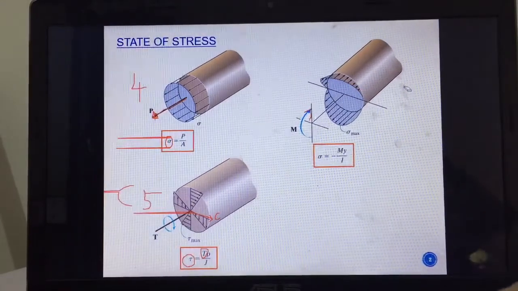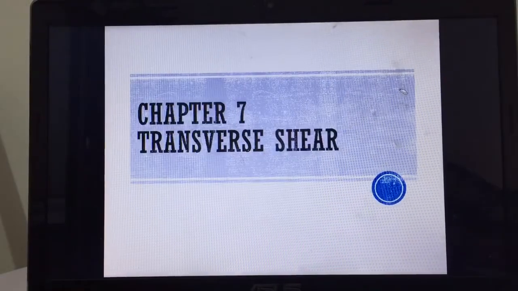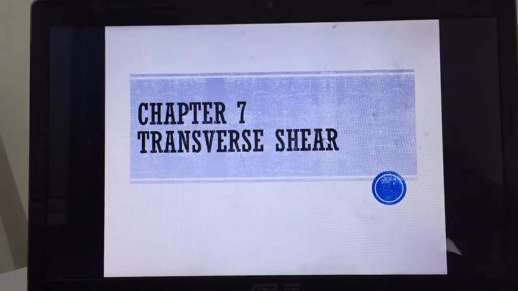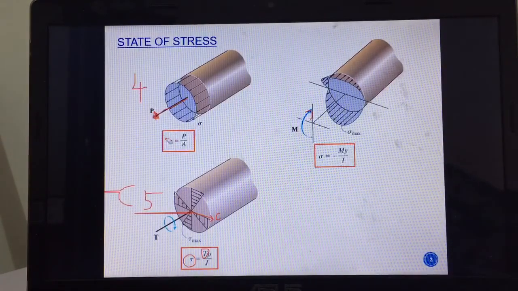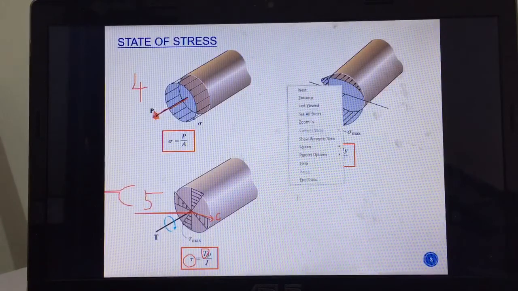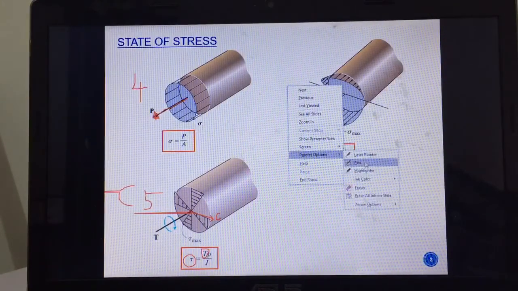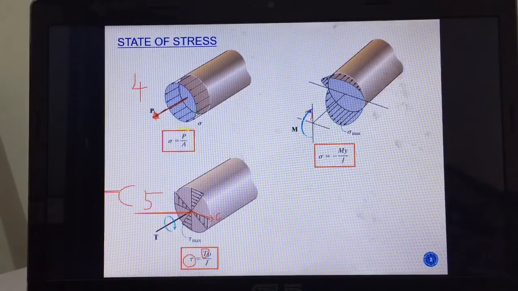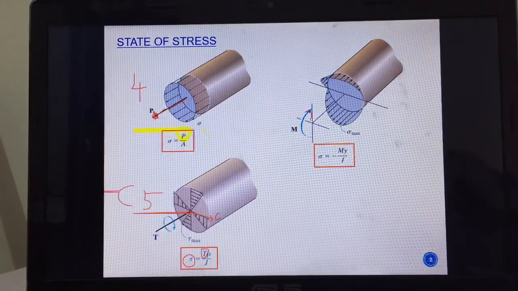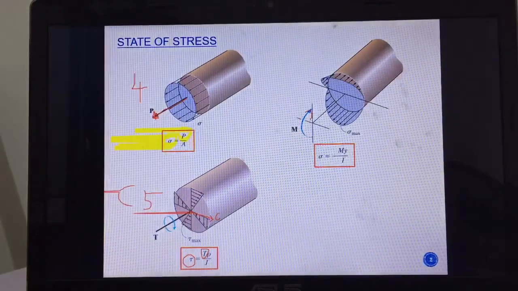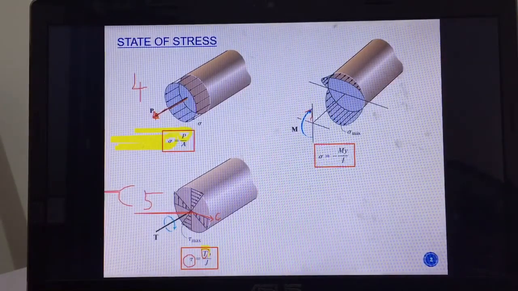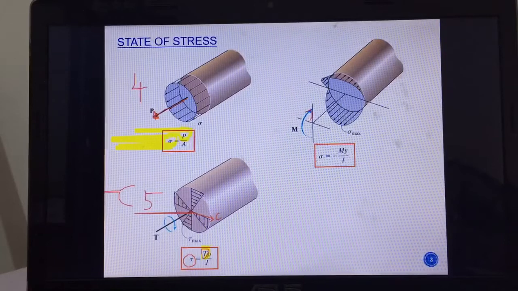Okay, next we will go to chapter 7, which is transverse shear. But before that, you realize that if you have this P, right, you will have normal stress. If you have internal torsional moment T, it will give you shear stress.